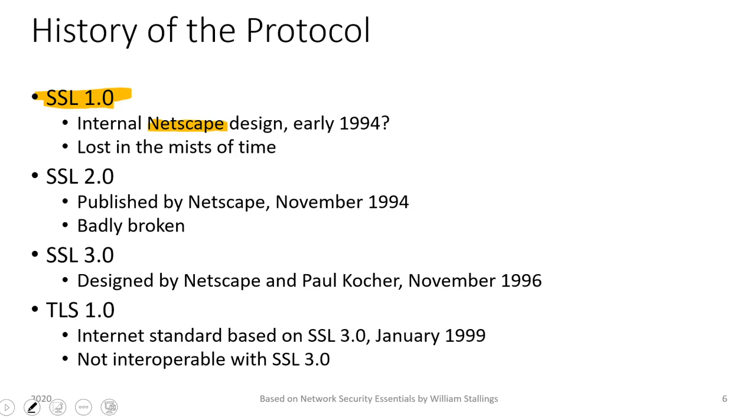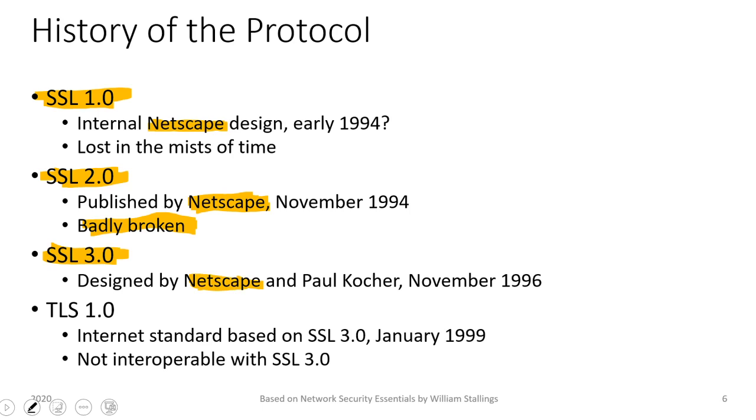Then SSL v2 was implemented, again with Netscape, and it is a published one. But it had a lot of significant issues, which were fixed in SSL v3, again from Netscape and available from 96.